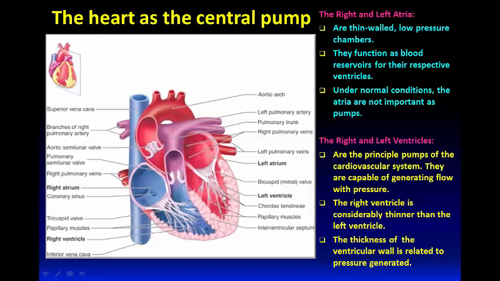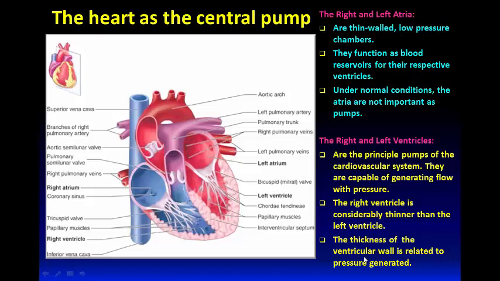So in the heart, we actually have 2 pumps, the right ventricle or the right-sided pump, and the left ventricle or the left-sided pump. It is clear from this diagram that the right ventricle is considerably thinner than the left ventricle. In fact, the left ventricle is 2 to 3 times as thick as the right ventricle.